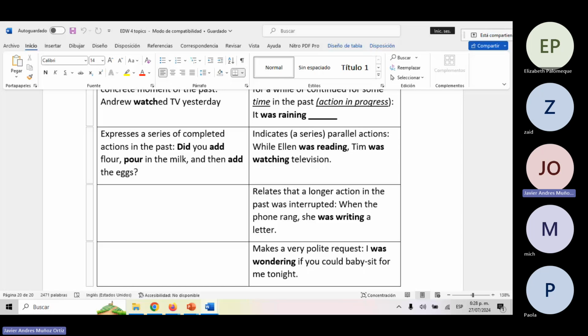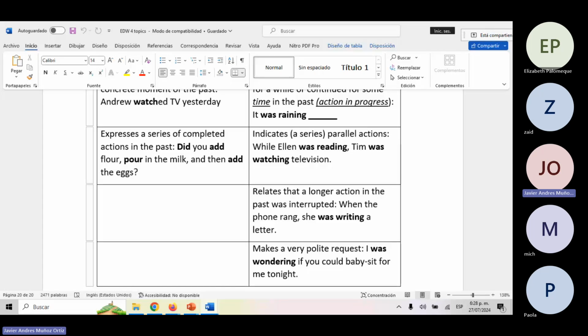So everything started and finished in the past, but there is a sequence between these activities. So when activity 1 finishes, activity 2 starts. When activity 2 finishes, activity 3 starts, and so on until the end of time.